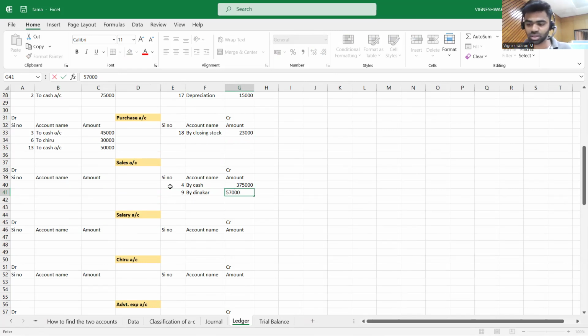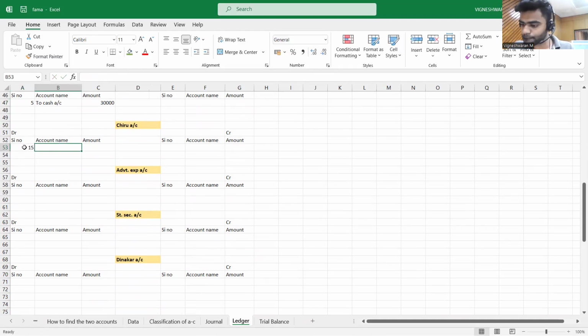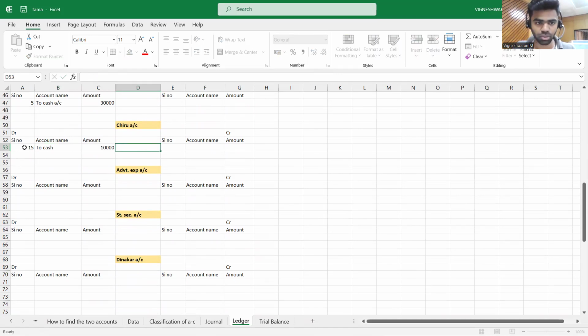Next one, salary account. Fifth one, to cash, amount is 30,000. Then for zero, 15, to cash, 10, 1, 2, 3.